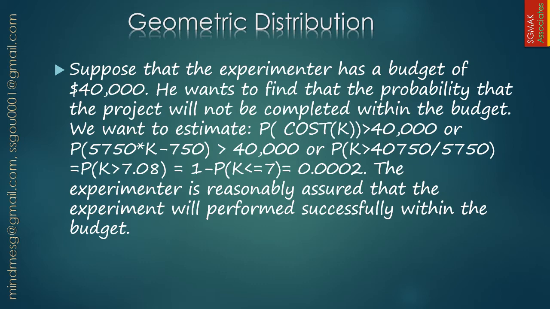So the experimenter is reasonably assured that the experiment will be performed successfully within the budget. There's very little chance of cost overrun, or that he will run short on budget.